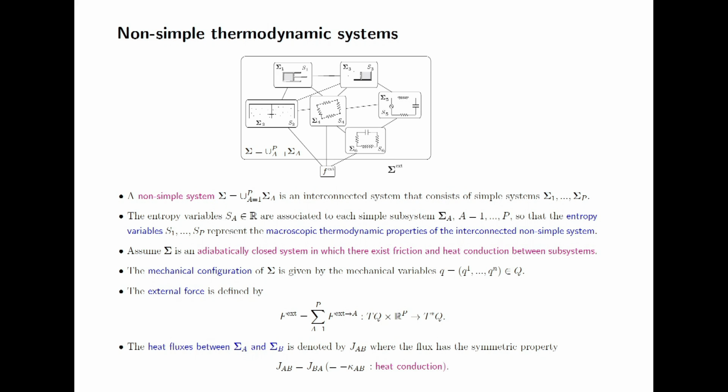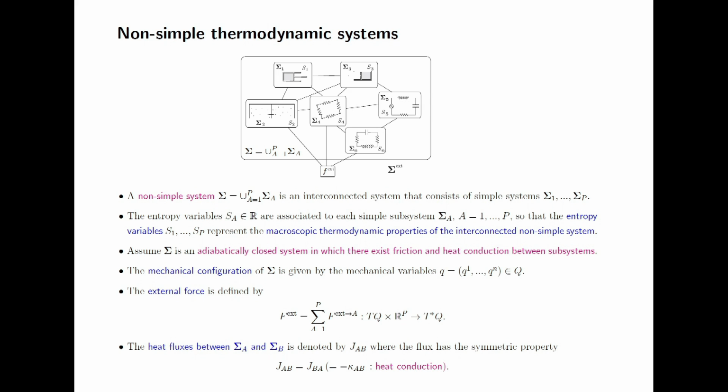So as a whole interconnected system, the thermodynamic property of the non-simple system can be represented by S1 to SP. And we assume that a mechanical configuration is given by the mechanical variable q, which is a coordinate in the n-dimensional mechanical configuration space.